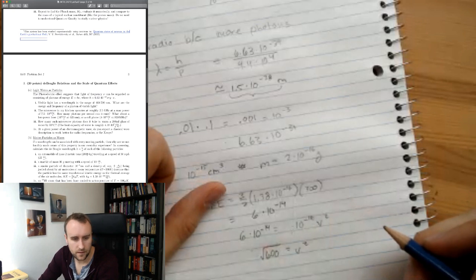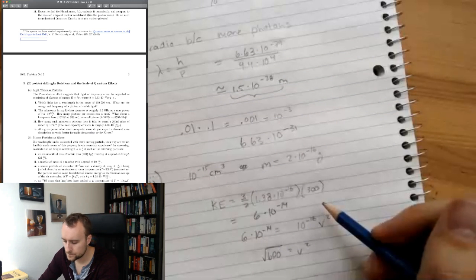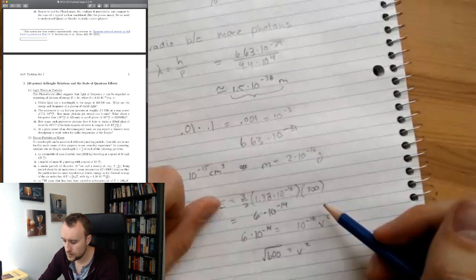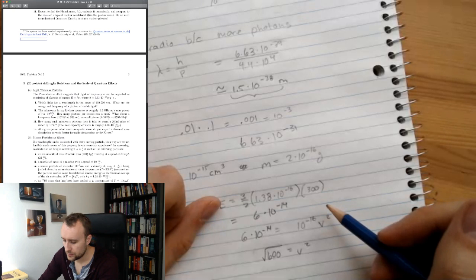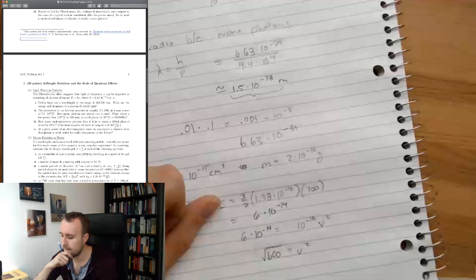This seems fast. Did I do something wrong? Square root of 600.